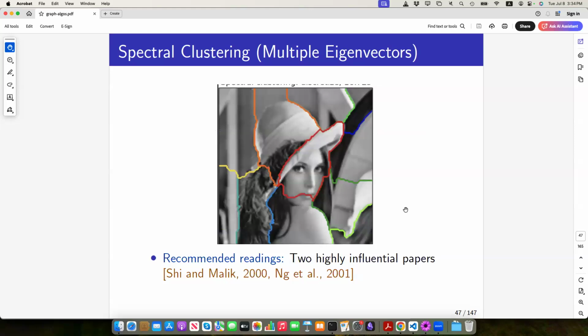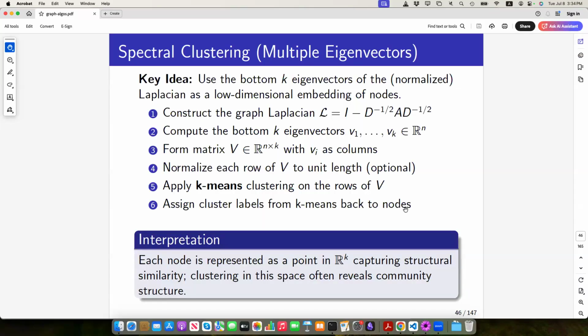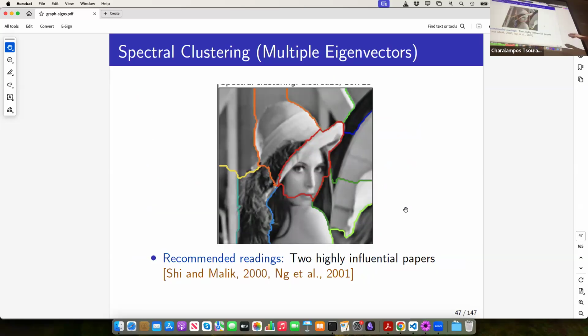For example, in computer vision and machine learning, you can see two classic papers, by Shi and Malik and by Andrew Ng. They use this algorithm to partition images. You take the image and create a graph by connecting each pixel to its neighbors, and you add weights on the edges depending on how similar the pixels are.